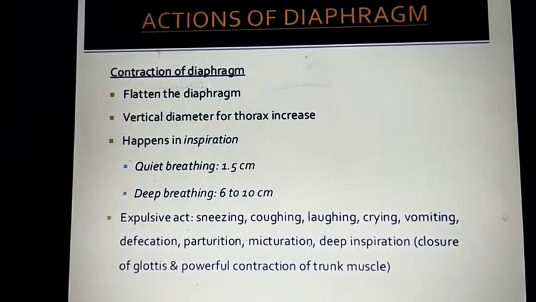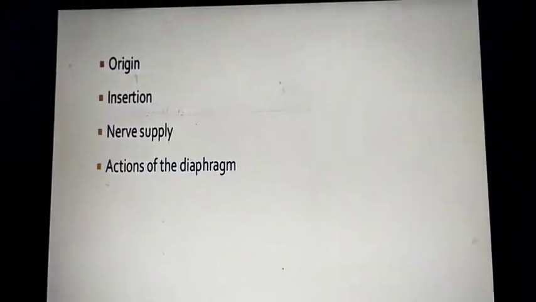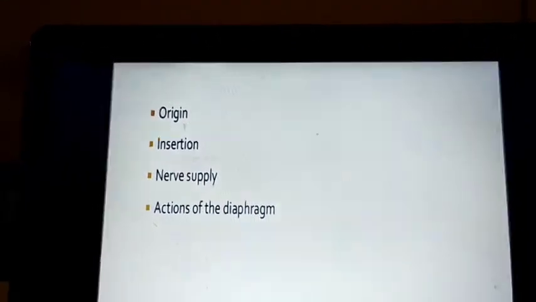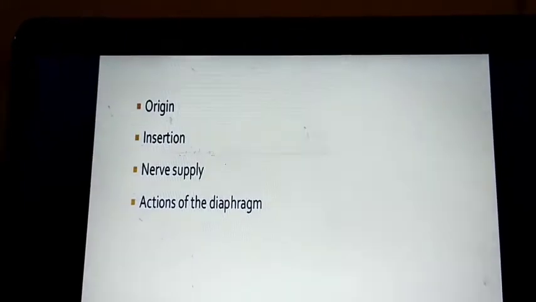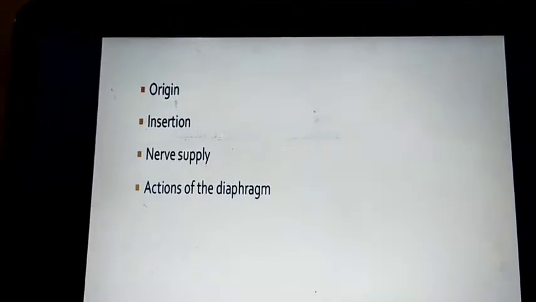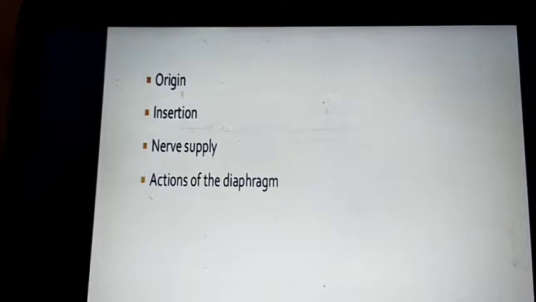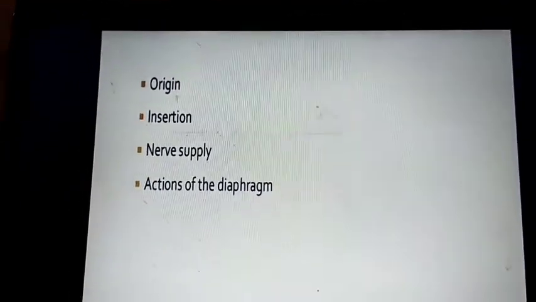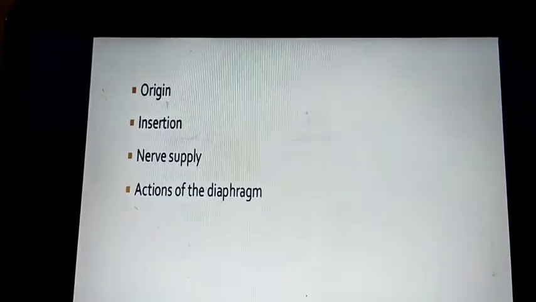Okay, you can go to the next slide. Now, about the diaphragm, we learned what it is and where it is. First of all, the diaphragm is a fibromuscular structure. How does it look? It is dome shaped or parachute shaped, and sheath like.